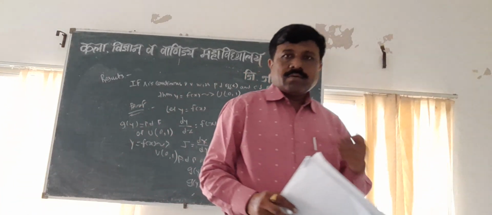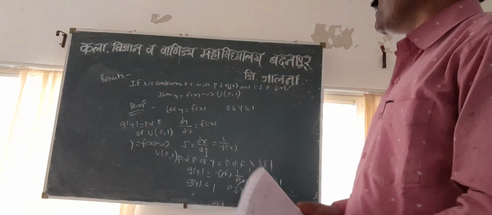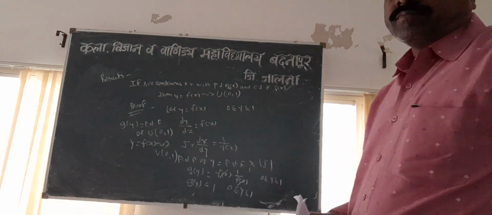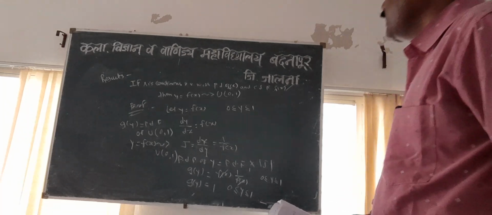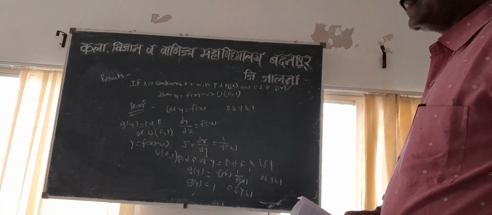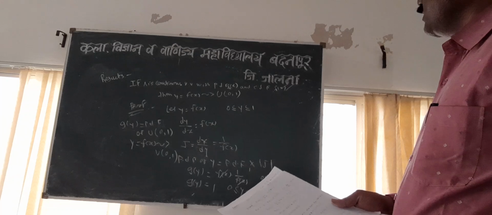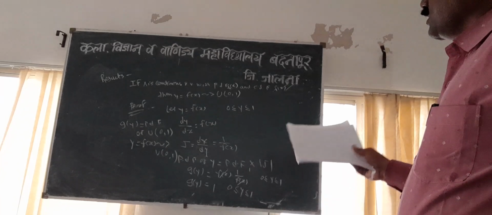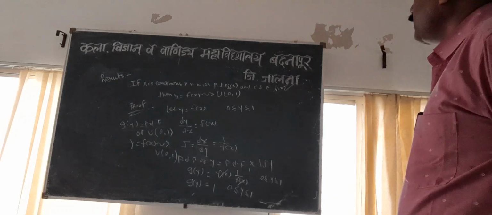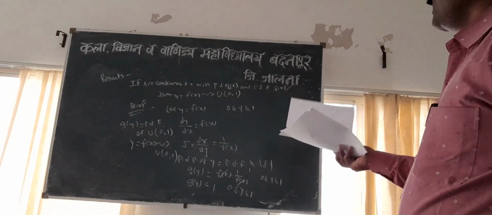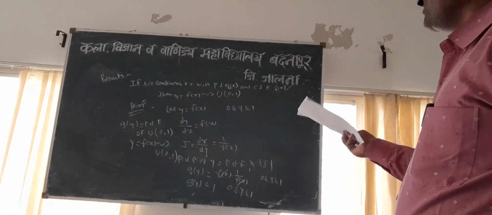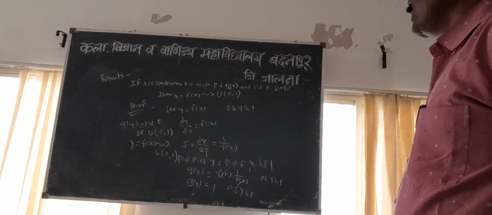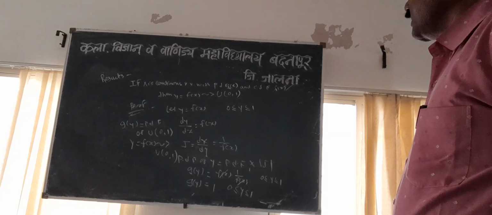We have proved the property of the continuous uniform distribution. First we took the function y equal to F of x, and then differentiated, so dx divided by dy equals 1 by f of x.